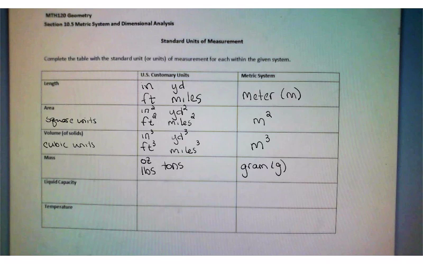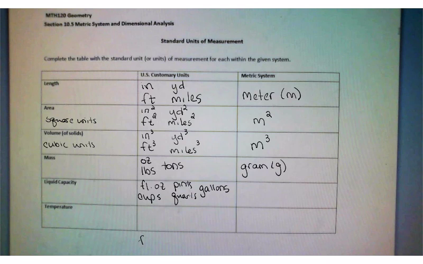Liquid capacity, this is where we're talking about that liquid volume. Think about all the different standard ways that we measure liquid capacity in the US customary system. We have fluid ounces, we have cups, pints, quarts, gallons, never mind teaspoons and tablespoons.